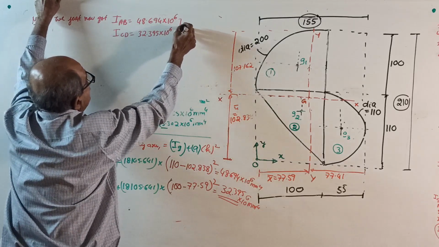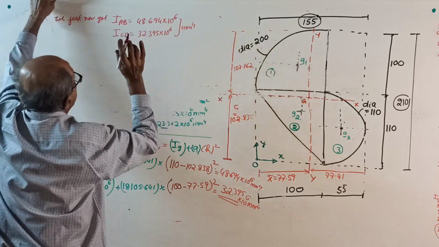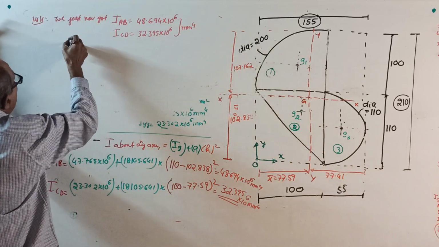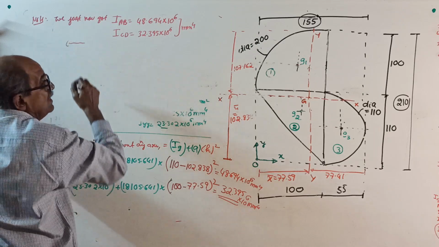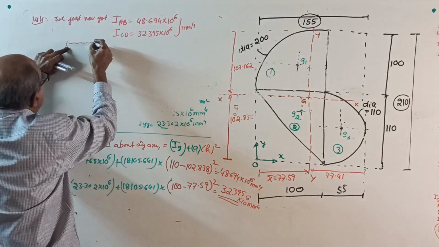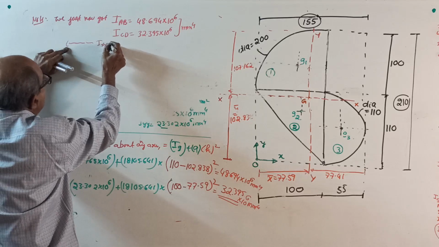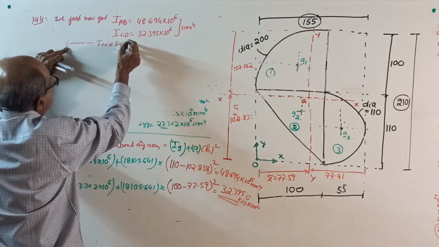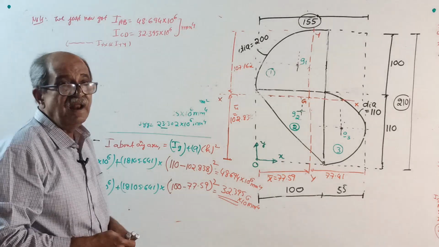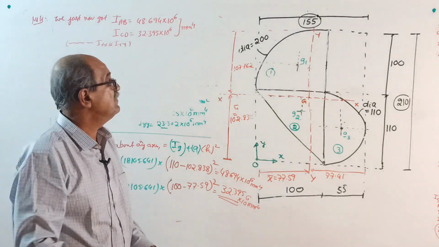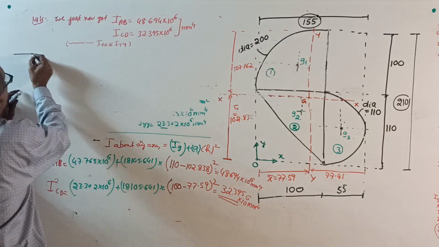Both are in millimeter power 4. This way I should not write actually. How? Right here, by using already calculated IXX and IYY. Okay, make a note.